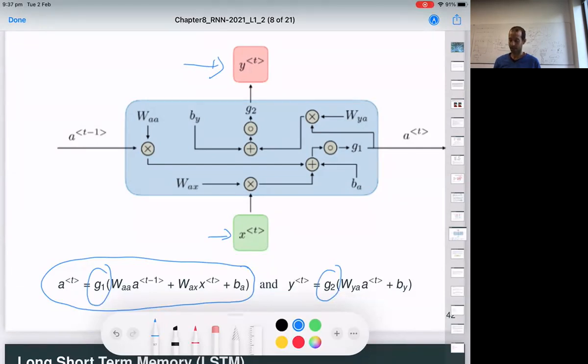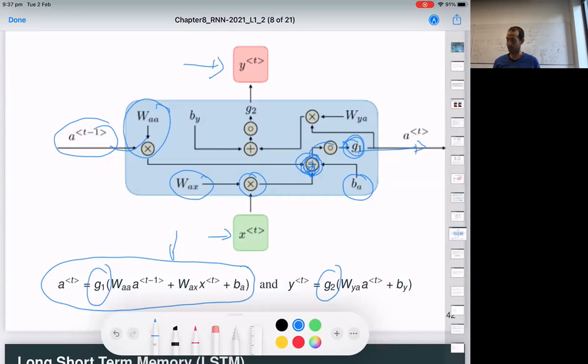Okay? And you can see in the gate that we represent our relation. You have the multiplication with this weight, and after you add the previous hidden state with its multiplication, and you add the bias on this part, and you get G1, to which you apply the activation function, and you provide the information for the next hidden state.